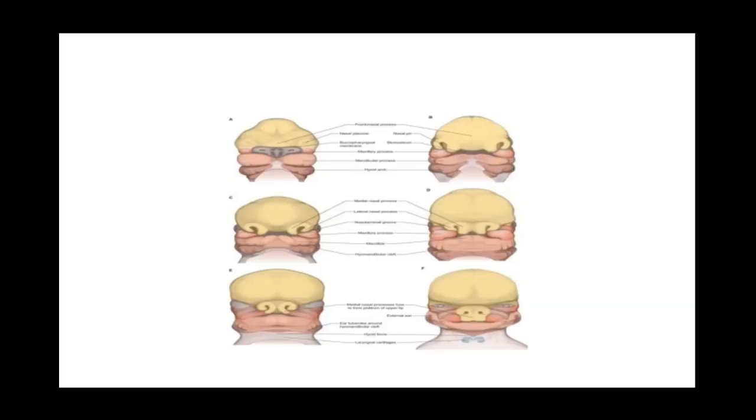So you can now see that the medial is ultimately fused with each other. The maxillary process is fused with the lateral nasal process, forming part of the cheek as well, and also some part of the lateral part of the nose. So you see in this picture stepwise how these folds are going to move, and as they move, they are going to take their final position.